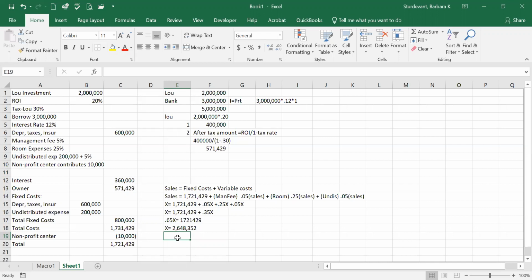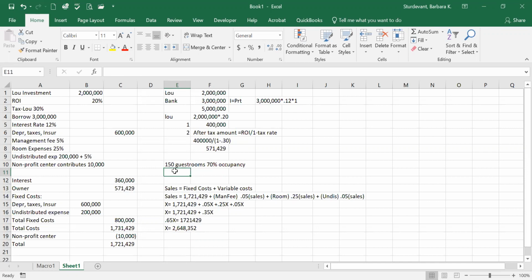Now I got to figure out how much to charge per room. So the other piece of information that we have is that they had 150 guest rooms. And they expect to have a 70% occupancy. So what we have to do is figure out the number of rooms. And it's a year, so you don't have to remember how many days in a month.